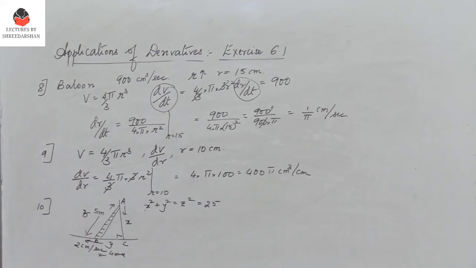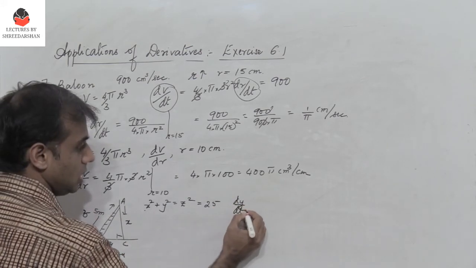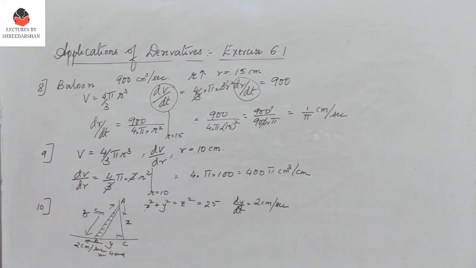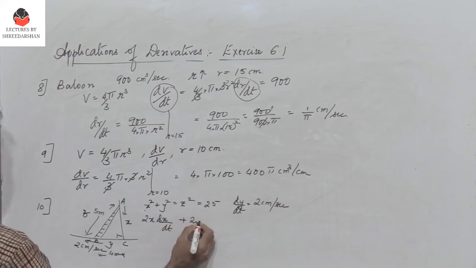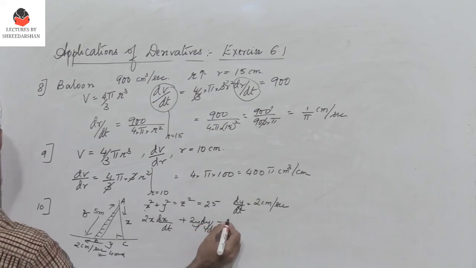Also, we find that the rate at which the ladder is being pulled from the bottom is 2 centimeter per second. So dy by dt is given, which is 2 centimeter per second. Now I need to find dx by dt. So let me differentiate this. I have 2x dx by dt plus 2y dy by dt equals 0.